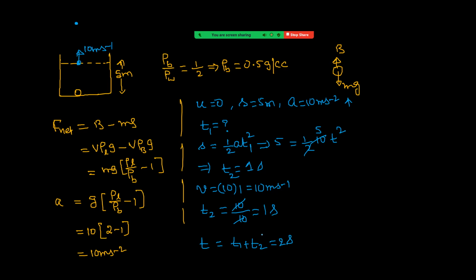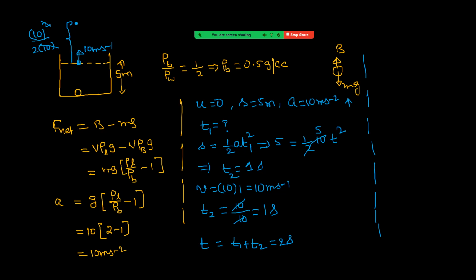And here we have to find one more thing, that is the distance of the body from the bottom of the vessel when it comes to rest temporarily. Once we know the velocity, this distance is given by v square by 2g, that is 10 square by 2g. 1 gets cancelled, 10 by 2 is 5.